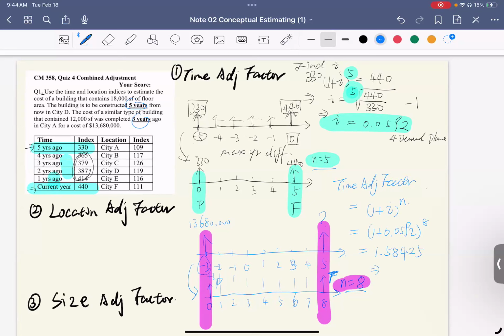You can round it up to 1.5847, or you can keep using this one because you are getting this exact number. So this is for the time adjustment. Any question?